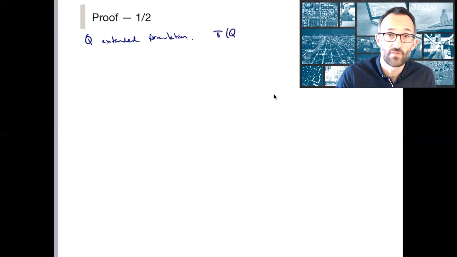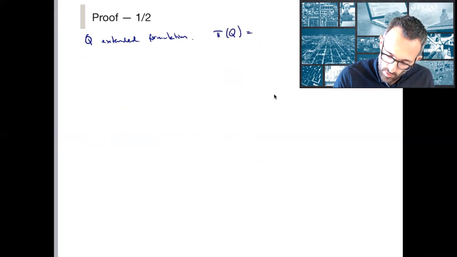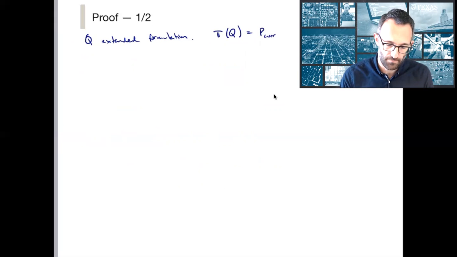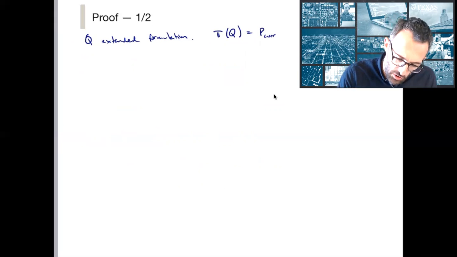So Q is our extended formulation, and pi is our affine map. Pi of Q equals the correlation polytope. I'm dropping the superscript n notation. And Q has facets G1 to GR.